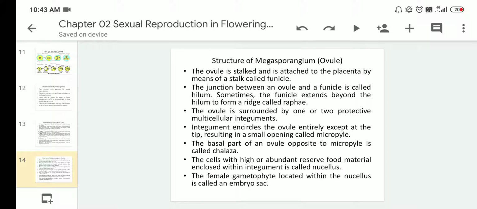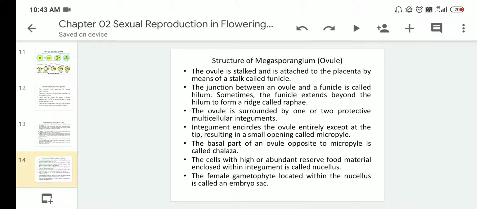The ovule is stalked and is attached to the placenta by means of a stalk called funicle. So, funicle is the structure by which the ovule is attached with the placenta, that is the wall of the ovary.